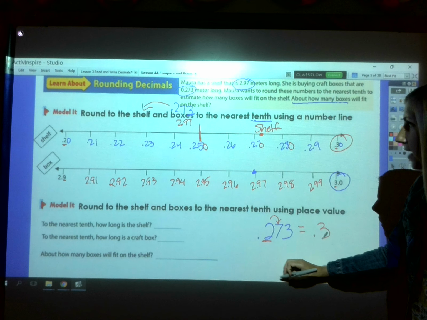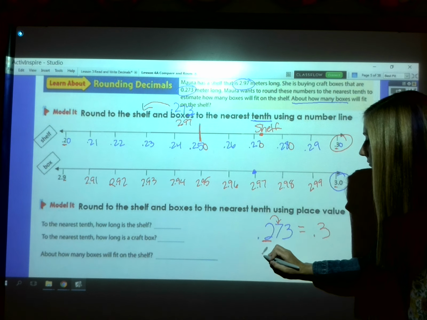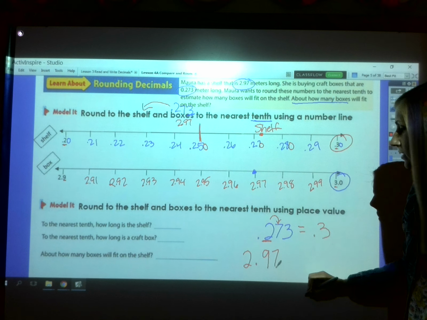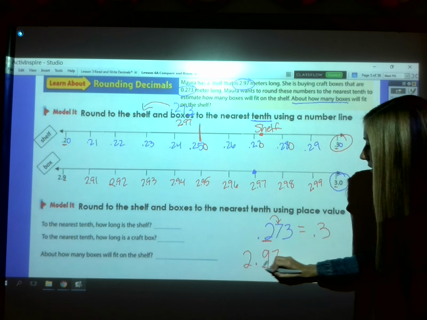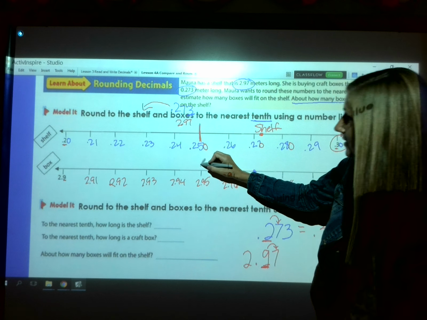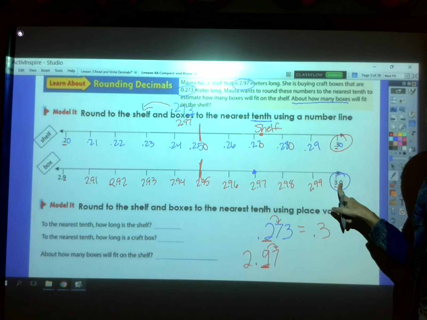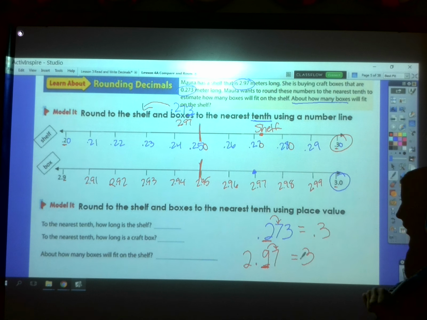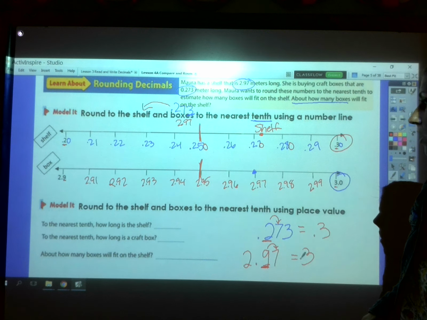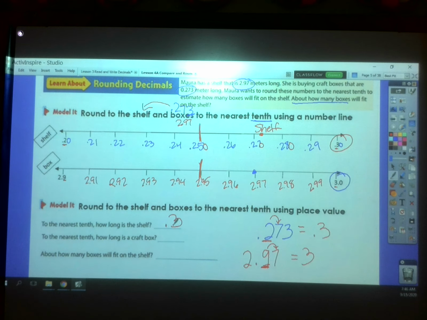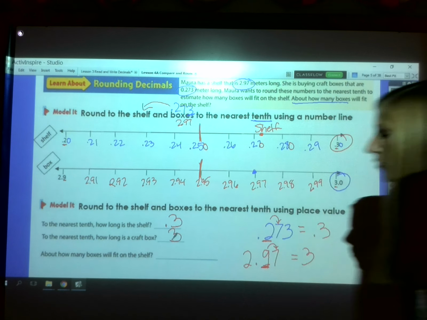And for my box being 2 and 97/100ths, I'm rounding to the tenths place again. So I look to the right, and that's past halfway, so it's going to round up to the 3 wholes, right? So to the nearest tenth, how long is the shelf? We have 3/10, and then we have how big is the box? 3 wholes.